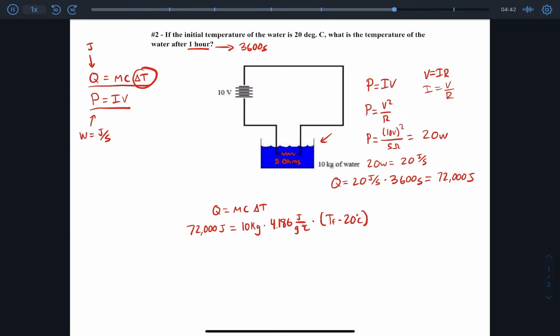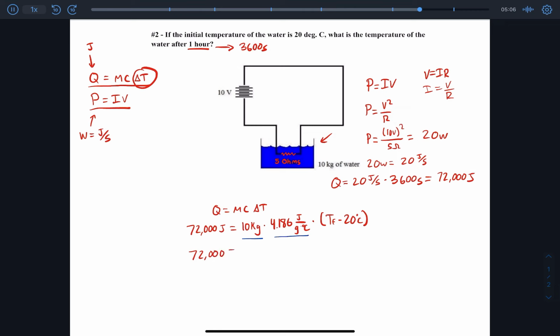One important thing to note in this equation is that we've got 2 separate units of mass here. We've got our kilograms for our mass of the water, and then we've got grams in our unit of our specific heat capacity. And so let's convert that specific heat capacity into kilograms so that everything is consistent and we're not going to have any problems with our units.